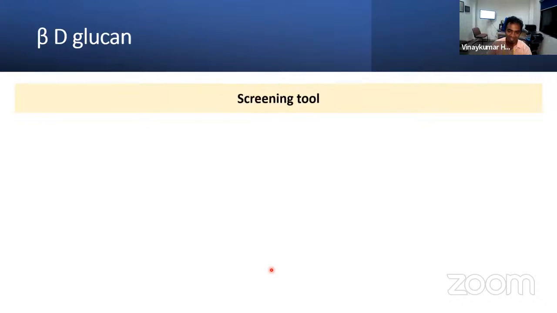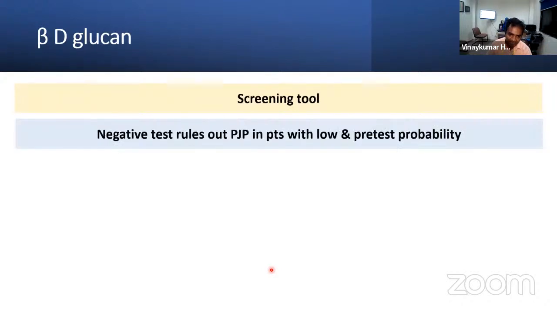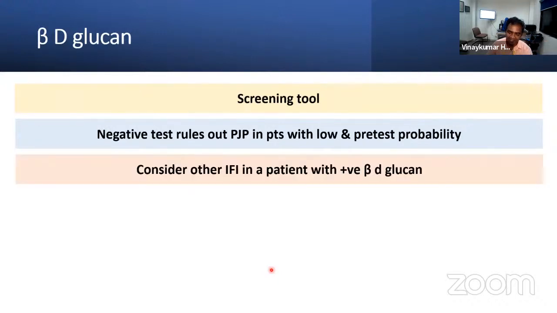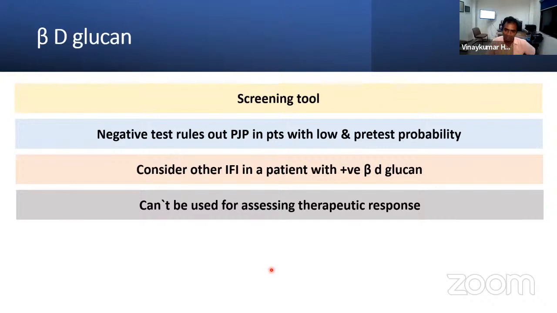Beta-D-glucan has been used as a screening tool. A negative test rules out Pneumocystis in patients with low pretest probability. If you have a positive beta-D-glucan, you should always consider other invasive fungal infections, because beta-D-glucan is a pan-fungal marker.